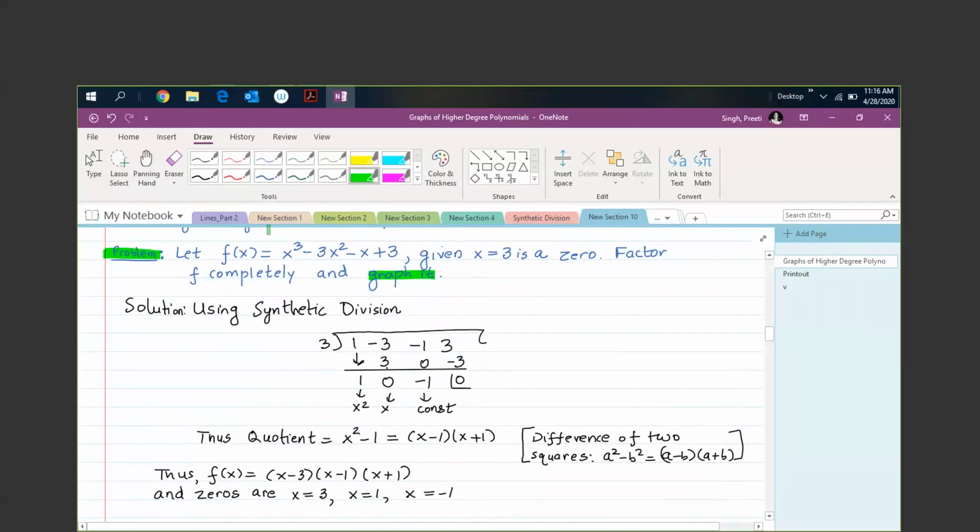Okay, let me clarify. Suppose this is a 0. If x equals 3 is a 0, let me write down something here, a 0 and a factor. So if 3 is a 0, x minus 3 is a factor. Now in a problem, any of these could be given. Both are the same thing.